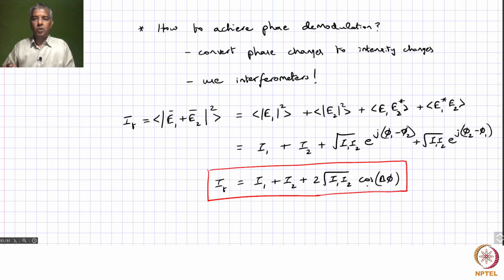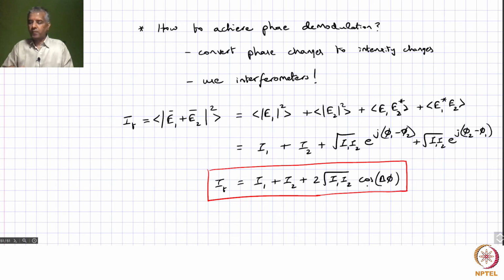If you have somehow figured out a way of preserving your reference and not exposing it to the external perturbation, then phi 2 is constant, it's deterministic, whereas phi 1 is going to be changing with respect to any perturbations that it experiences.